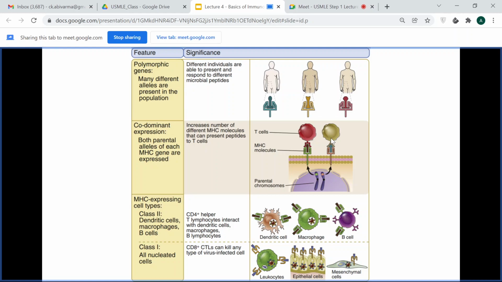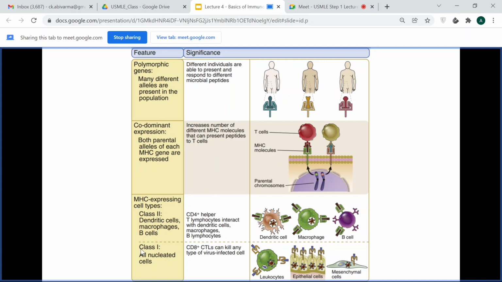That's why you will have different types of MHC molecules even between your siblings. But in the case of identical twins, the same kind of allele is present on both chromosomes, and therefore you will not have a difference in the MHC class molecule. And that can also happen in the case of consanguinity.